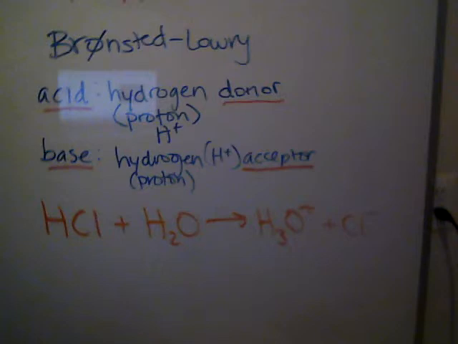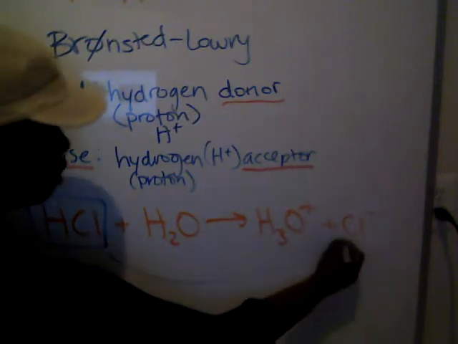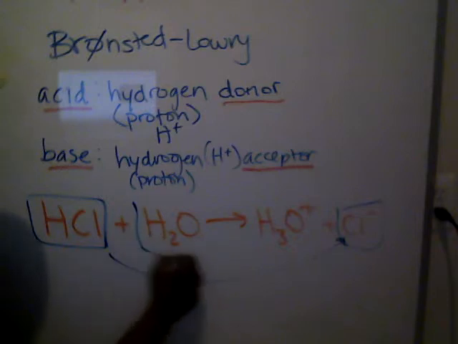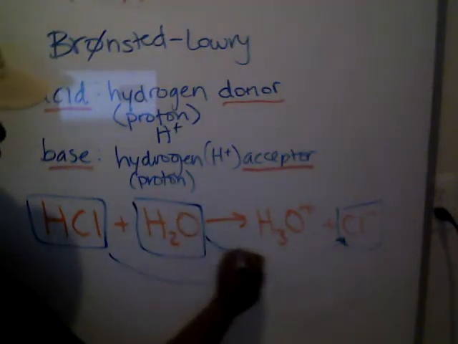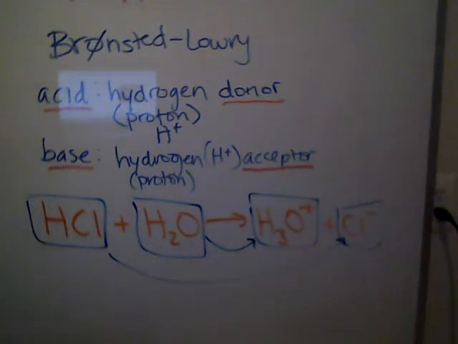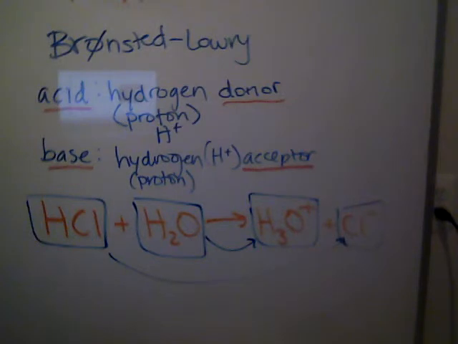So if we look at this, we want to identify what each thing turned into. This HCl turned into this, just the Cl. This H2O or water turned into this. So we want to look at them so that we can compare what it had to do to go from this to this. Did it have to gain a hydrogen or lose a hydrogen?